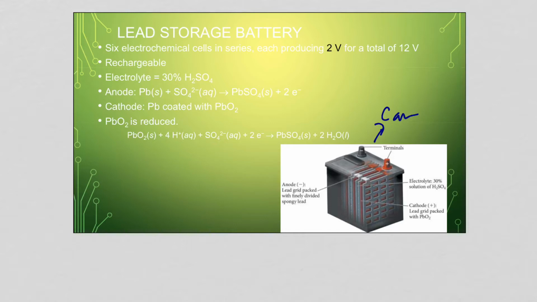Now, one interesting thing is that the classic car battery, as you may know, is a 12-volt battery. But a lead storage battery cell is a 2-volt cell. So just like our alkaline cells are 1.5, a lead storage battery puts off about 2 volts.